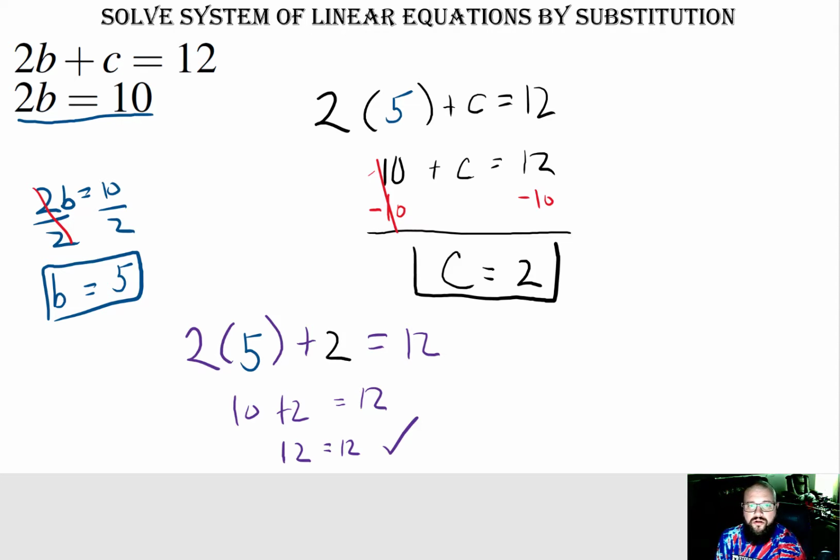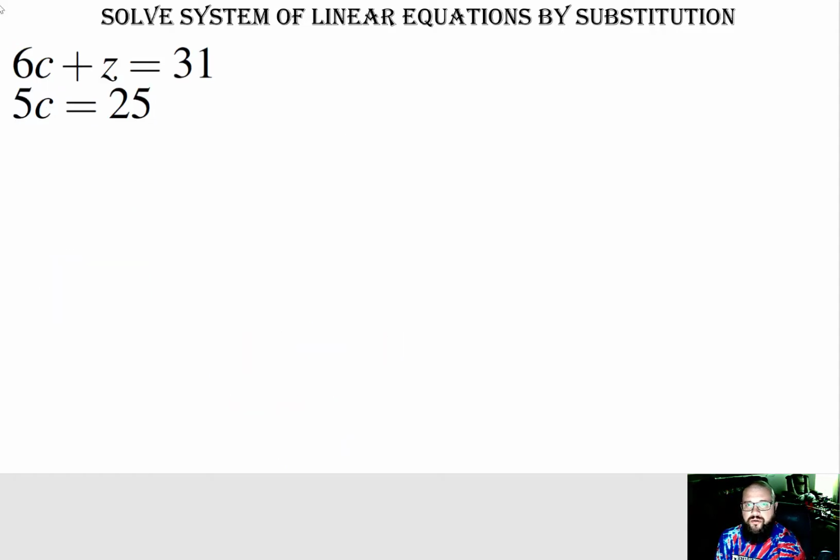Alright, let's do one more just to give you a little recap before I get you on your check your understanding assignment. We're looking at 6c plus z equals 31, and 5c equals 25. We'll start with 5c equals 25 and divide by 5 on both sides to get c by itself.